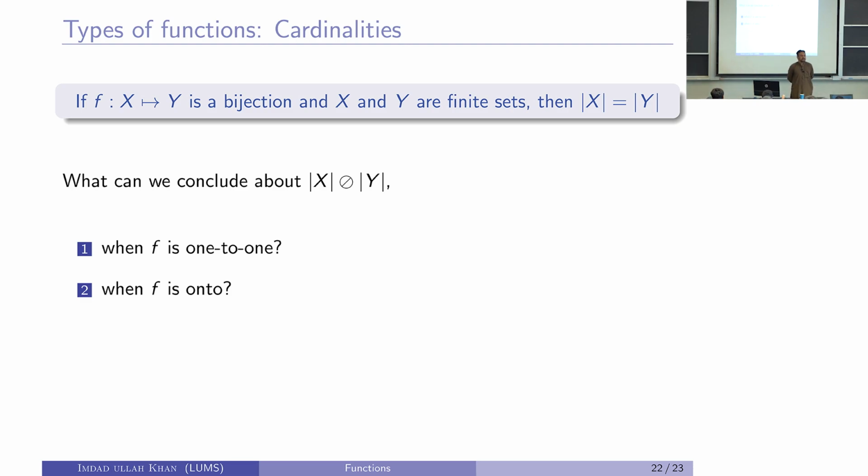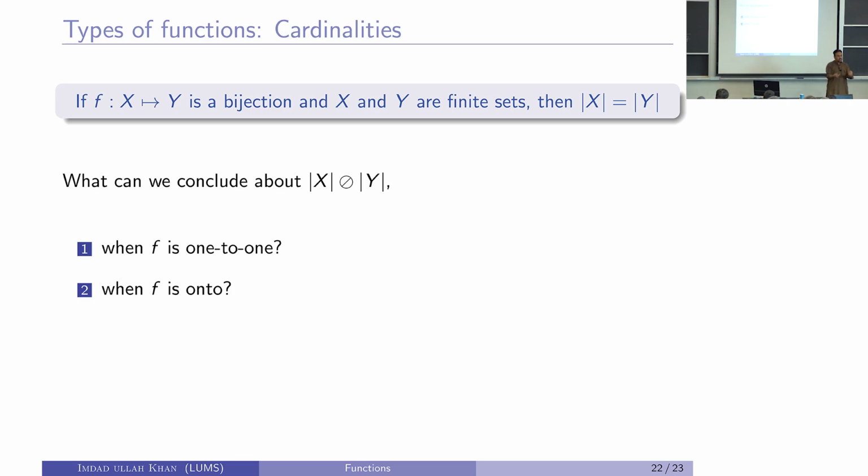How many rooms must there be? The number of students is less than or equal to the number of rooms. At least 100, right?